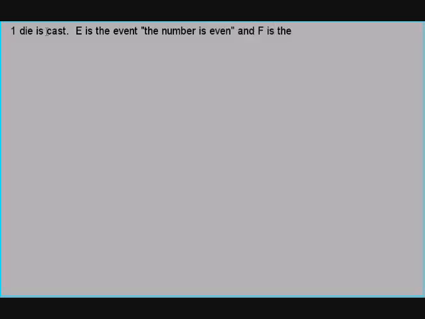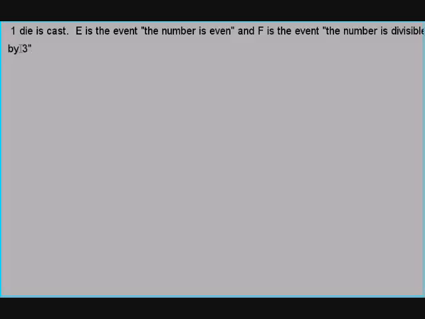And F is the event the number is divisible by 3.